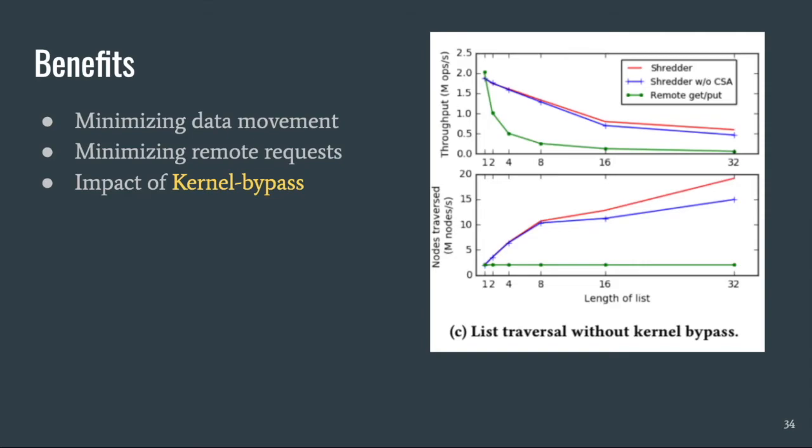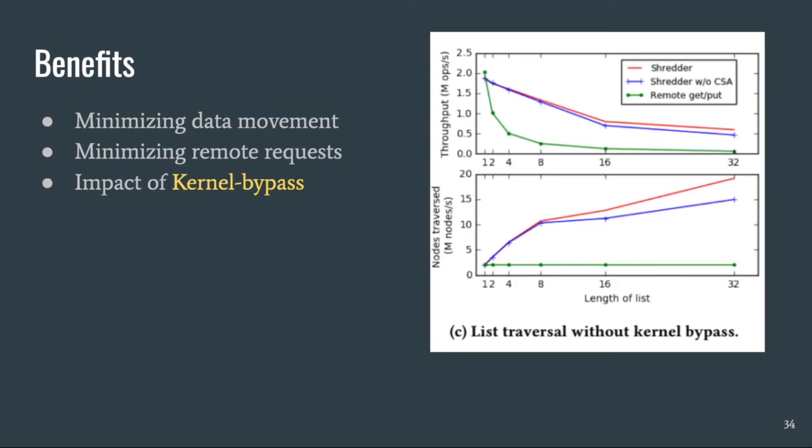Minimizing remote requests. Another benefit of pushing code to the storage is it reduces the number of remote requests a client has to make to perform an operation. The result is fewer network round trips and client stalls.